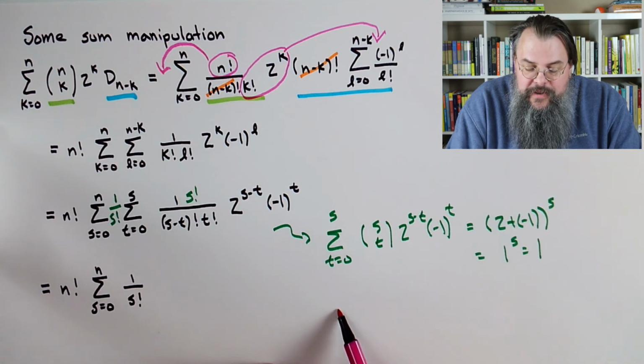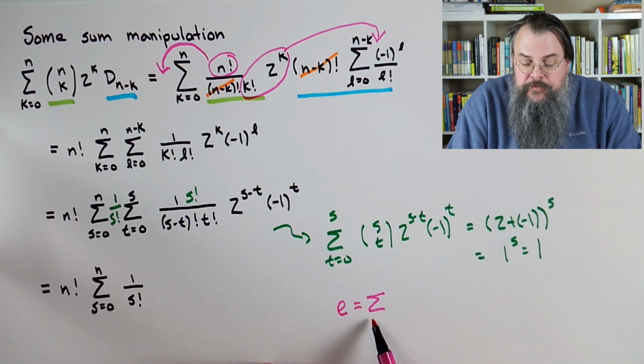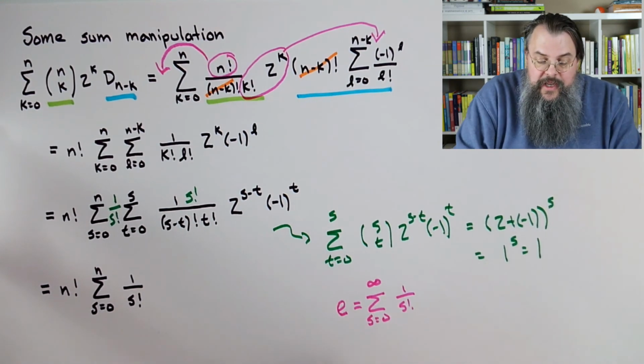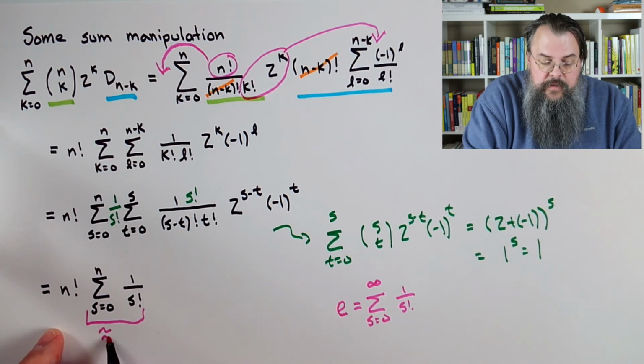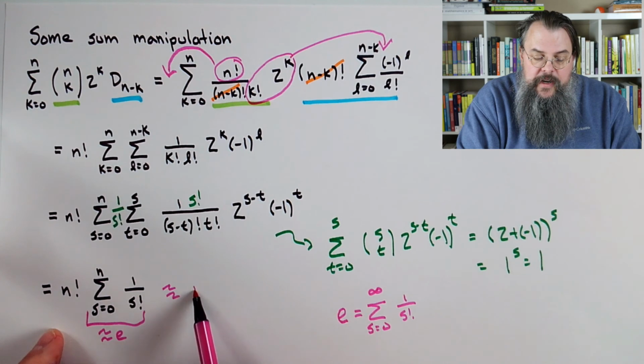So what we can do is the same idea. We can say that e is the sum from S equals 0 to infinity of 1 over S factorial. So this right here is approximately e. And therefore, our final answer is about n factorial times e.